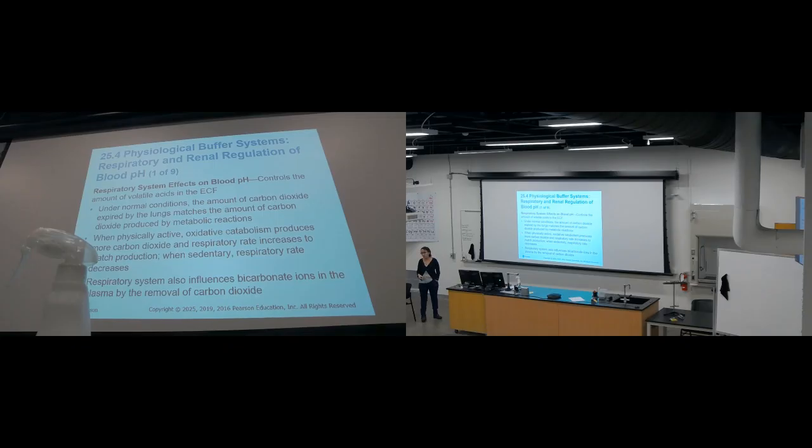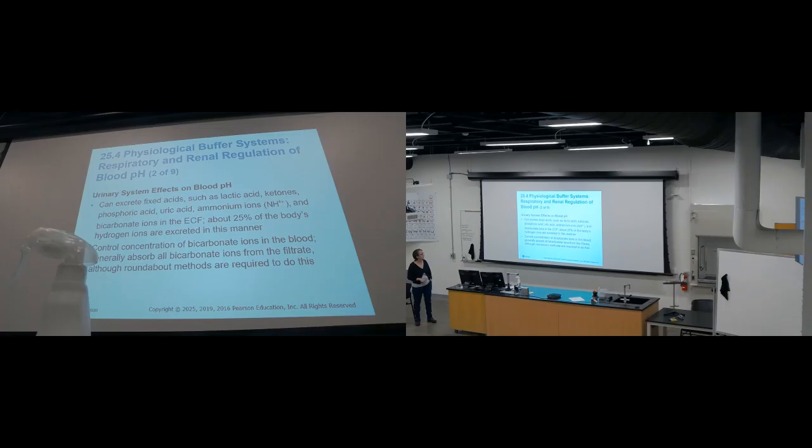This happens as well when we become physically active. When you become physically active, you normally produce more acids, like lactic acid and pyruvic acid. Those acids, together with CO2, have to be eliminated, so you start breathing more to match the production. The respiratory system also influences the production of bicarbonate ions.